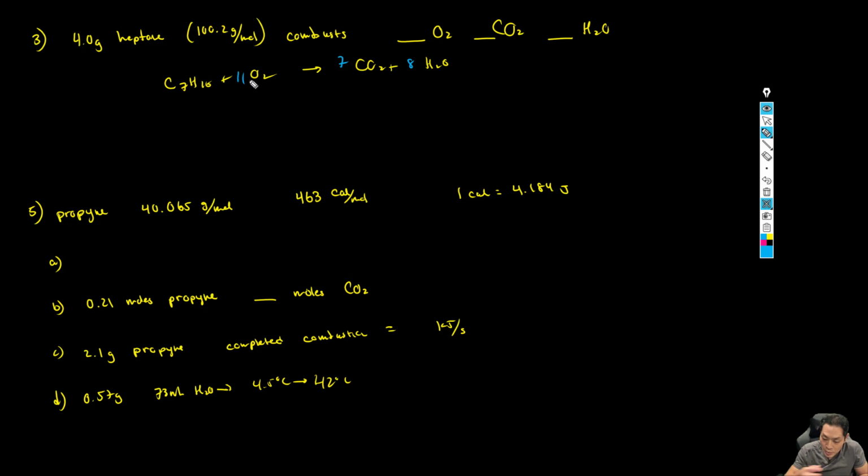And we want to figure out these. We have 4 grams. We want to get rid of that, so mole per gram. And that will give us the moles of that, which then we're going to multiply by the ratio 7 and 8. 11, 7, 8. So 4 divided by 100.2, so 0.033, and then multiply by each one.